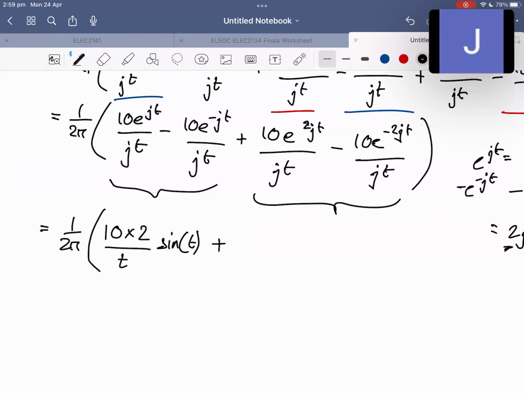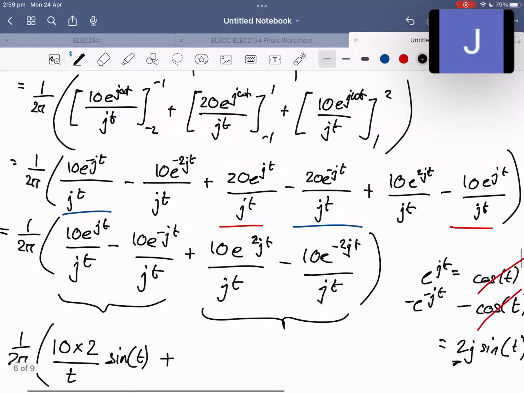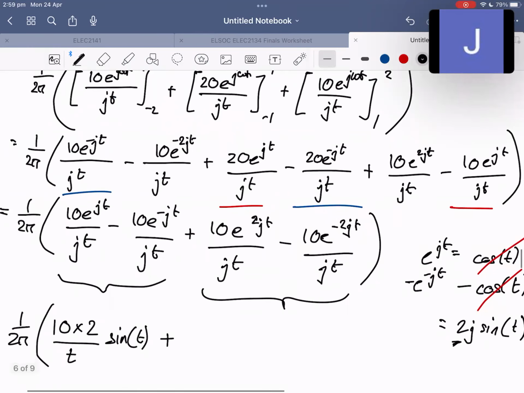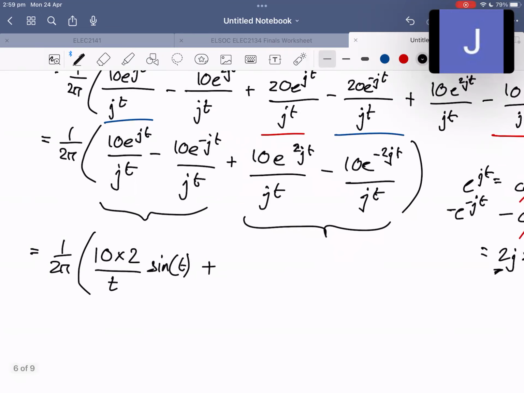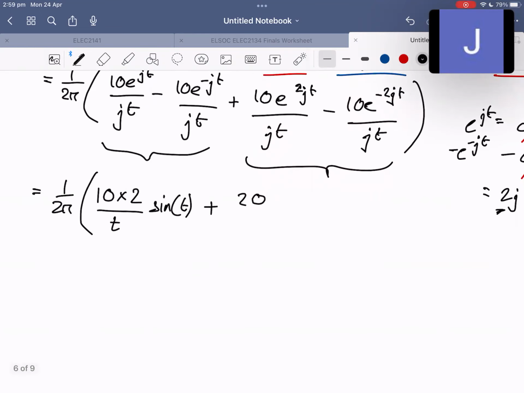And likewise here, I've got 20 each, so 20 on t sine 2t.